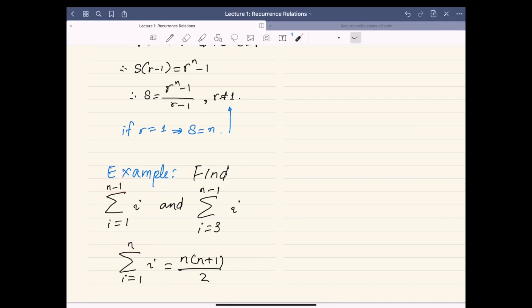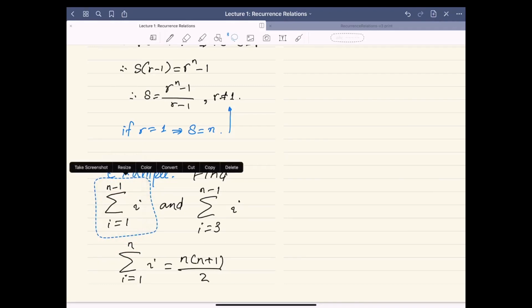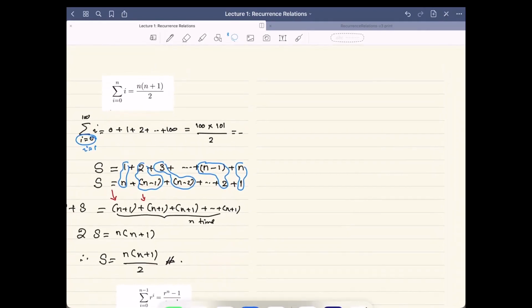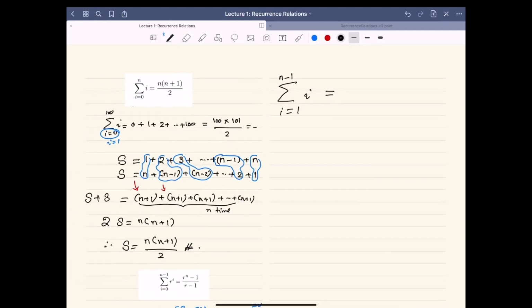So what you have to do, I will just copy it, and then we will start from here, paste. This is going to be equal to the summation for I equal 1 up to n of I, which is equal to n times n plus 1 over 2.